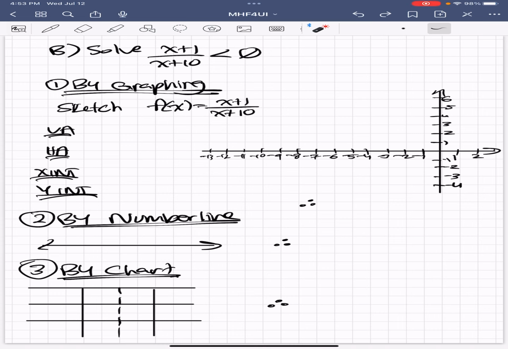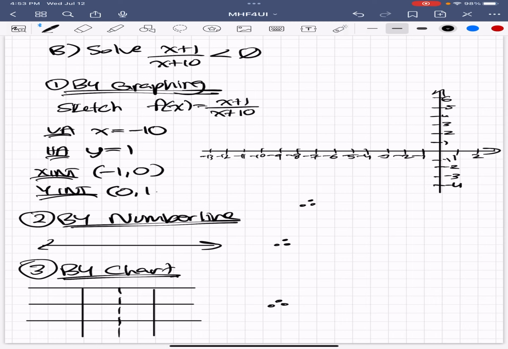And there you go. And now we're ready to graph.